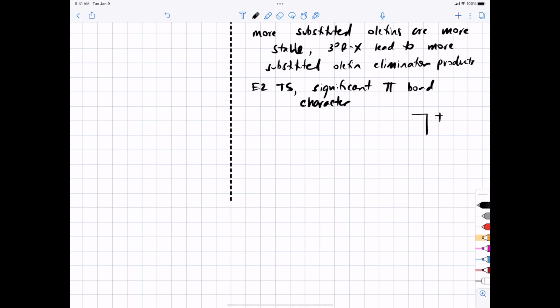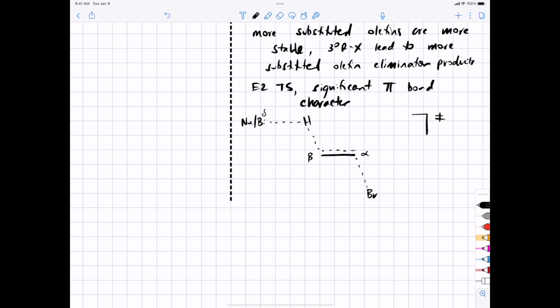We can illustrate that with a transition state diagram. Here I'm going to show you the alpha carbon, the beta proton that's being removed, the leaving group that's leaving, and a bond being formed between your nucleophile/base.